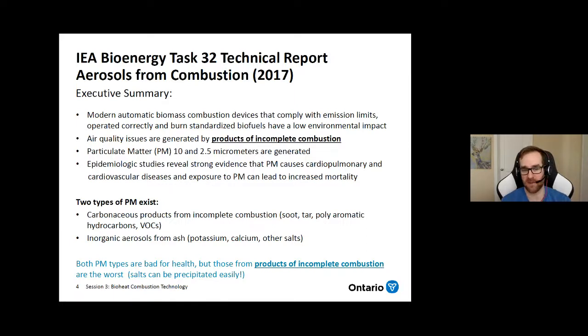Then you have the products of complete combustion. These are the ash that's in the wood or the biofuel that you're burning, so it could be potassium, calcium, other salts, and their toxicity level is a lot lower. They're also quite easy to remove, as we'll see later.